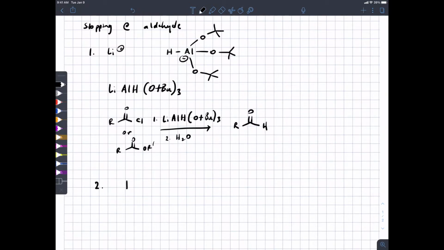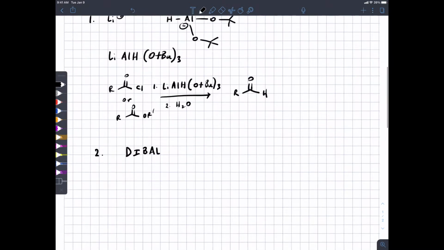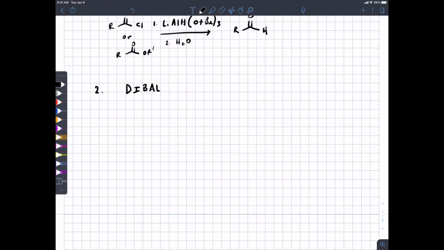Second is a reagent called diisopropyl aluminum hydride.